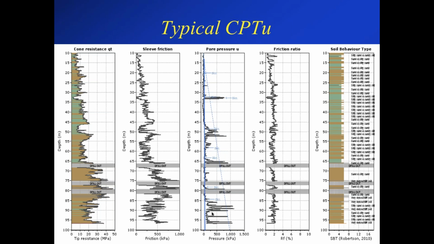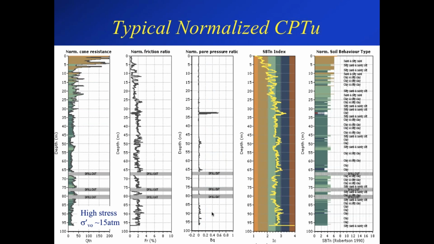I know certainly we're going deeper, and so the normalization at depth will be influenced by the exact unit weight, because after all, you've got almost 100 meters of it there, so it does affect it a little bit. But we were using bulk densities, if I recall, averaging around 17 or 18. I said 16 to 19. I do say in the paper what it is, and I can't recall exactly what it is off the top of my head.